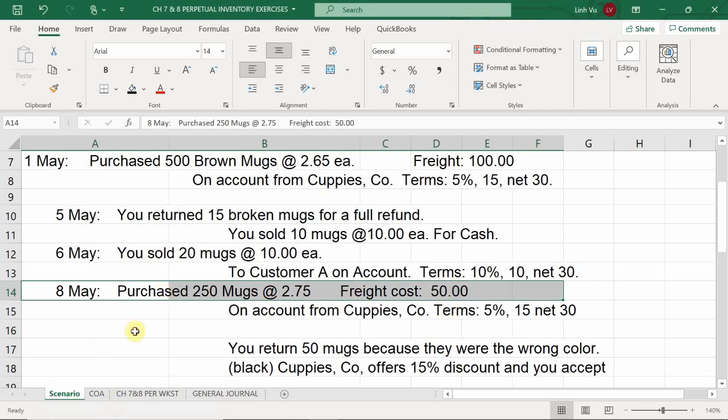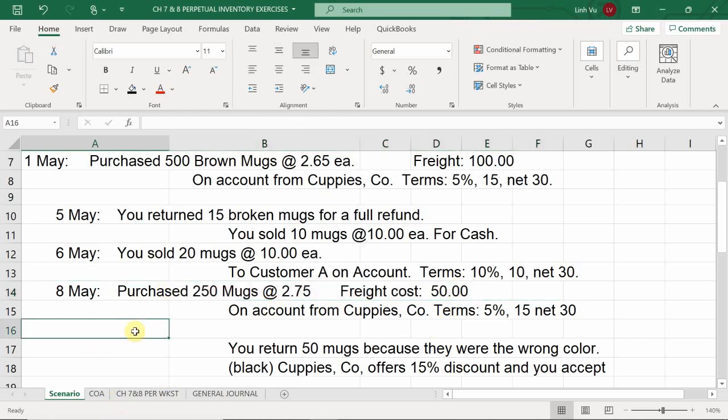So we end up making another purchase. Okay. 250 mugs at $2.75 each, with a freight of $50, on an account from Cuppy's Co.